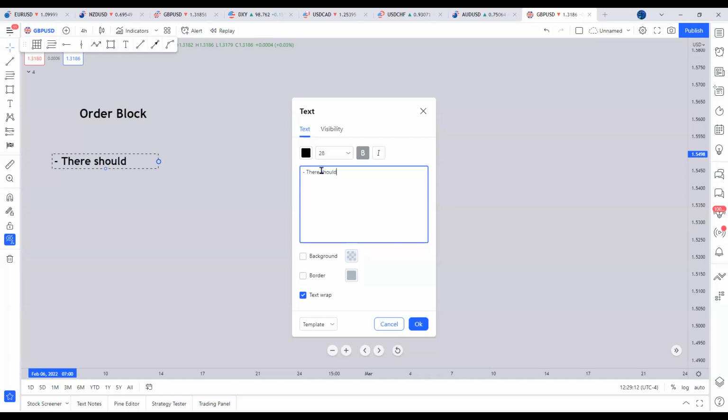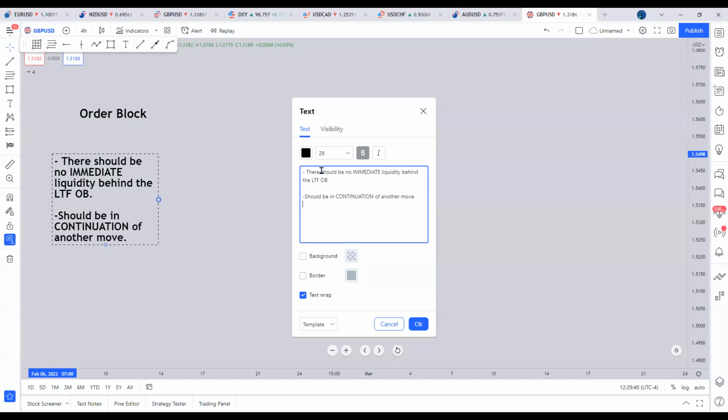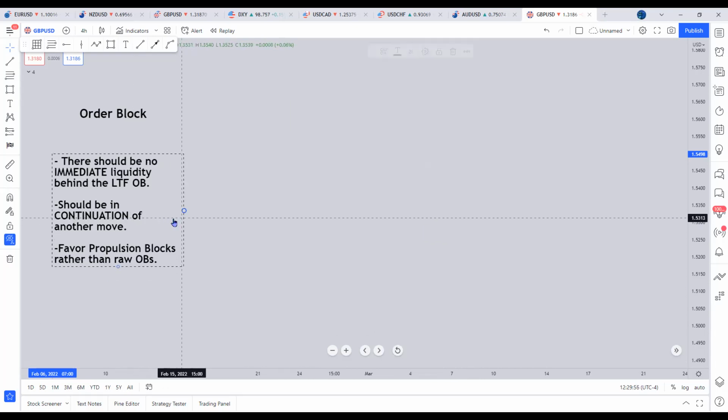So firstly, this is going to be my checklist.